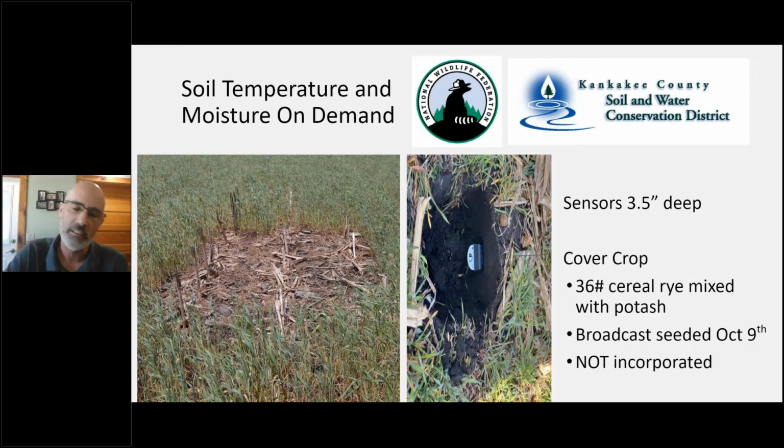We dug a small pit, making sure to not disturb the soil on one side. We went 3.5 inches down, and we inserted that soil moisture sensor into the side of that trench. 4 feet away, we did the same thing in the area where there was no growing cover crop, so that within 4 feet, where I don't believe our soil types changed that much, we could have instant readings on soil moisture and soil temperature.